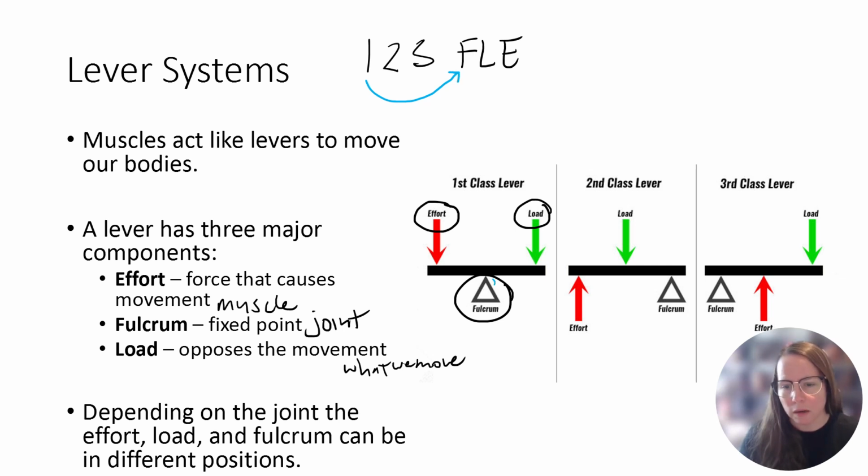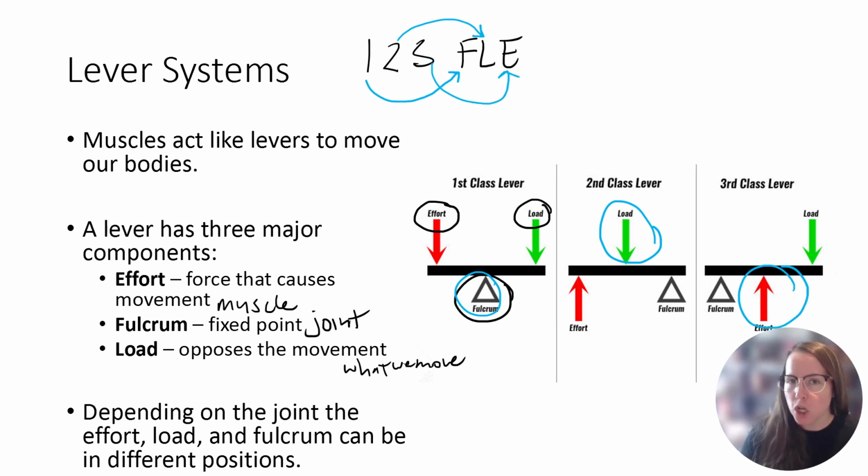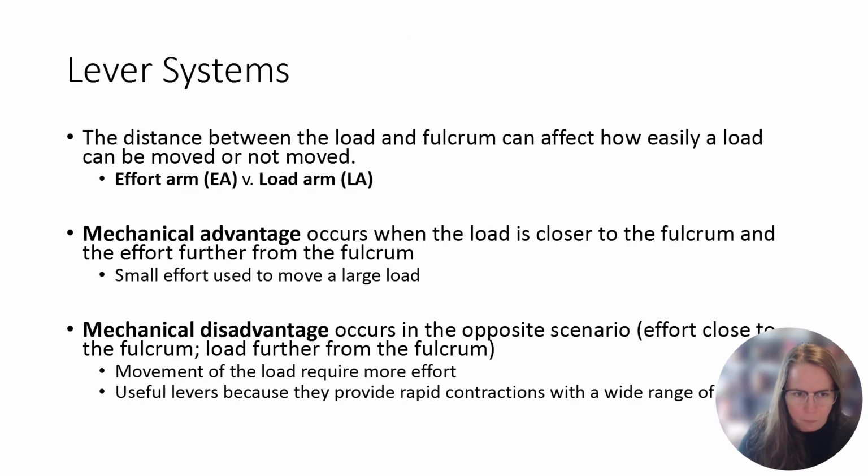We can see that right here. Second class lever systems have the load in the middle, which again, you can see right here. And then third class lever systems have the effort in the middle. So 1, 2, 3, FLE is going to help you remember those orientations for each one of the lever systems.